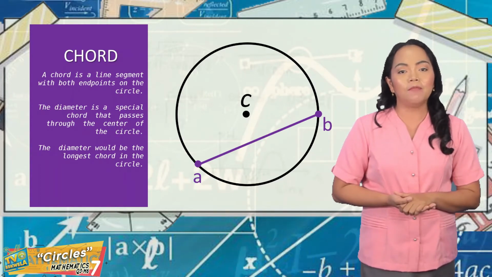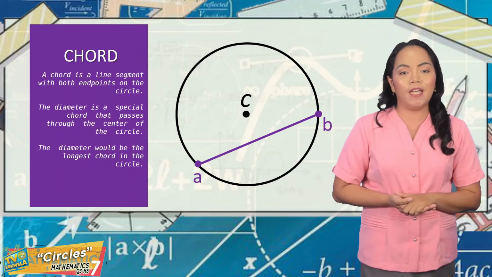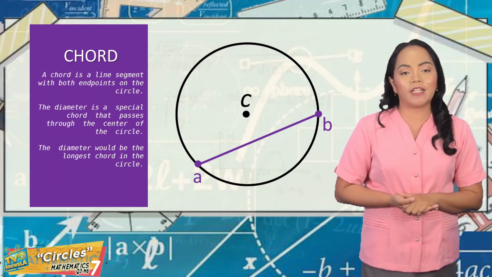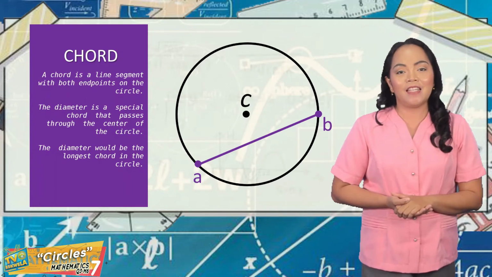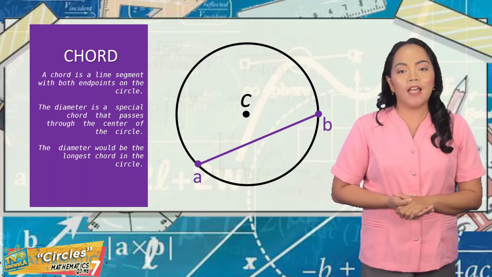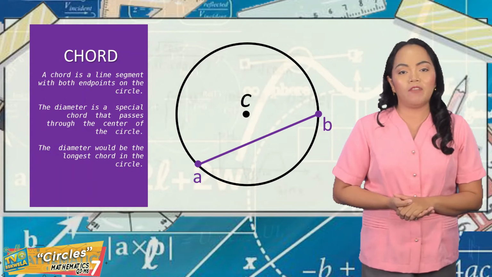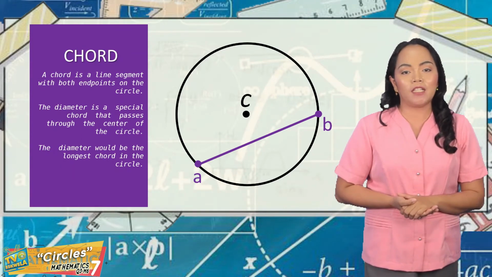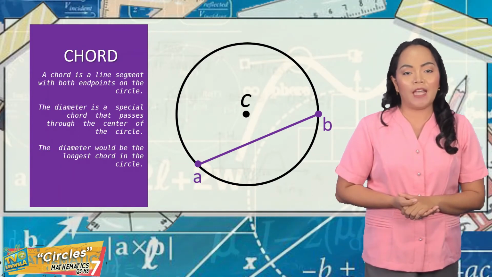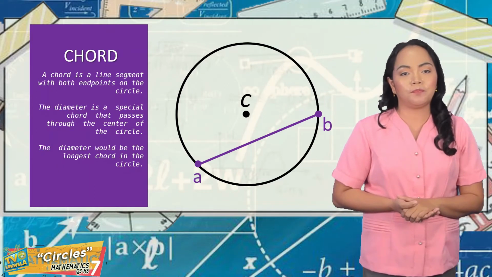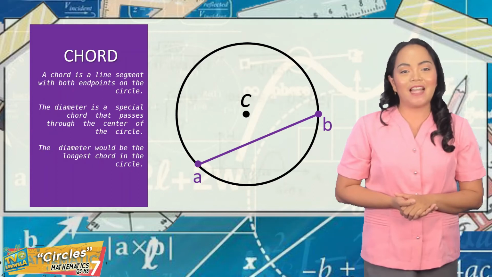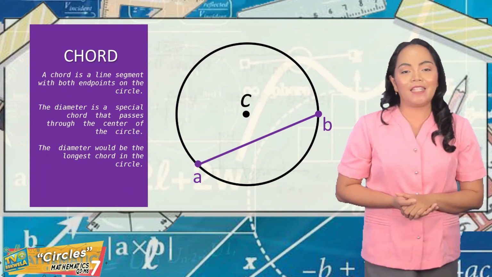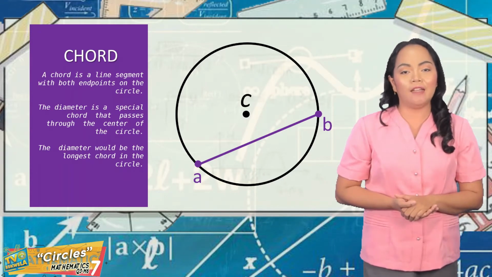From the diagram, line segment AB is the chord of circle C. Since we can name a chord using the two endpoints of the segment located in the circle, such as point A and point B, then we can conclude that line segment AB is the chord of circle C.